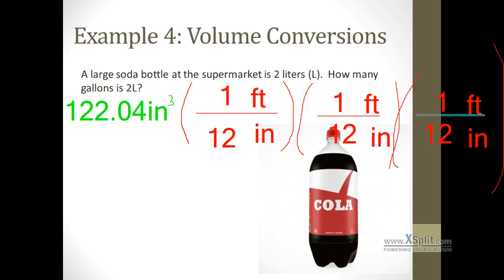We're doing this because we want to cancel out inches 3 times. This is really inches, inches, inches. We want to cancel that out 3 times, leaving us with feet, feet, feet. Dividing 122.04 by 12 3 times in a row is the same as doing 122.04 divided by 12 to the 3rd power.